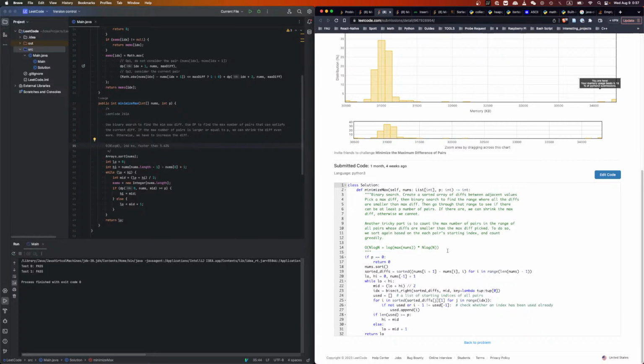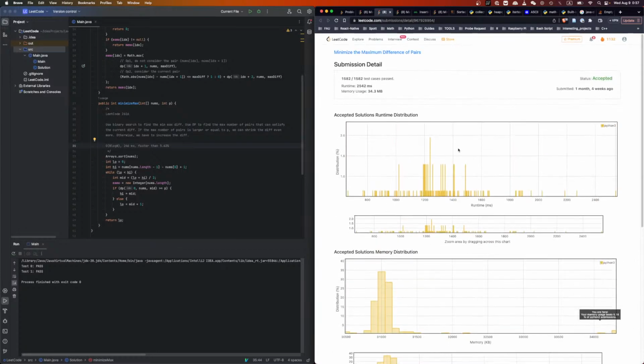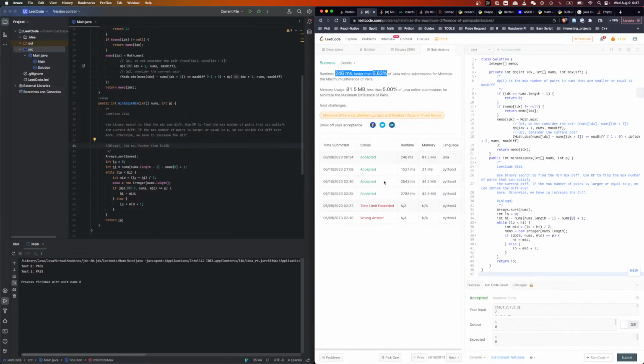Ah, I think I know. Yeah, you get the sorted diffs and then you go from start to end, with indices j and j+1, right? If not used, check whether an index has been used before. Yep, then you append. That's one way to go.